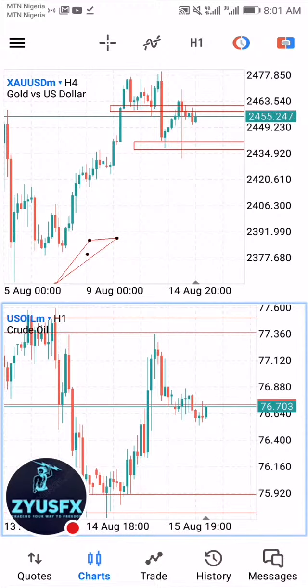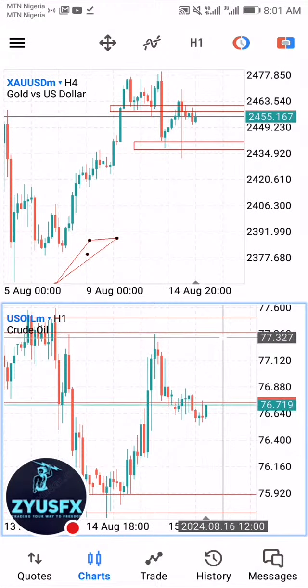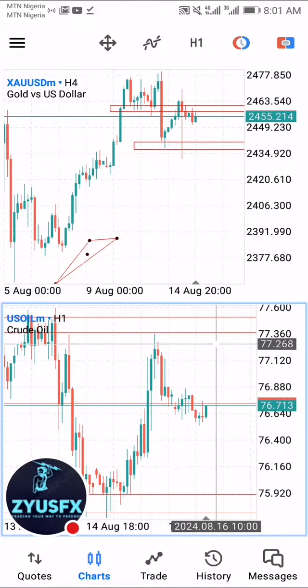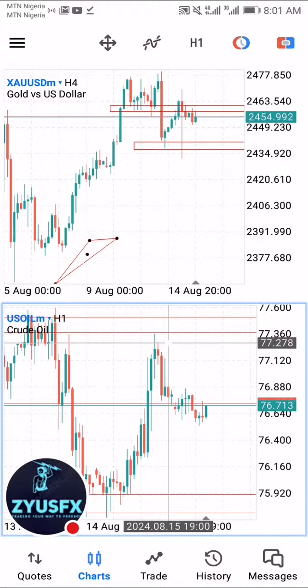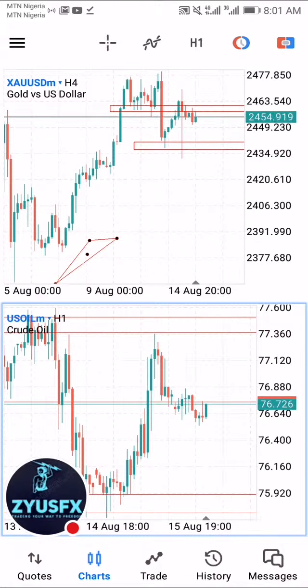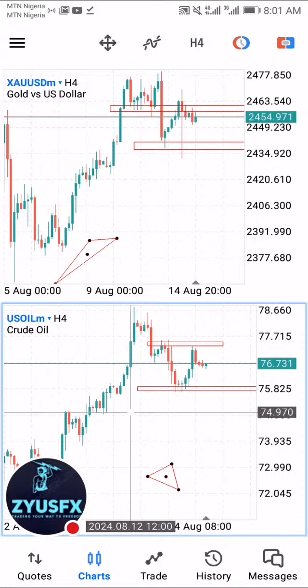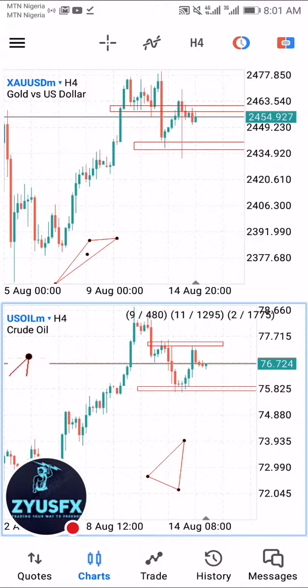So on US oil, price is pulling back. Still pulling back. We need price to pull back to some of this level to retest this area again, to create what we identify as a double top for an overall continuation down. But like I said, we can't take the buy, because right now price can go either way.